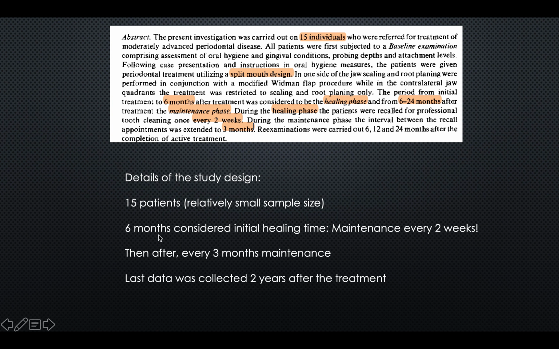In this paper, 6 months was considered the initial healing time. We do a 1 month evaluation, and then we decide based on that and say, at this time your soft tissue is healed. But this is a little bit different design. Six months was considered initial healing, and maintenance was done every 2 weeks for 6 months, which we do not do in everyday practice.